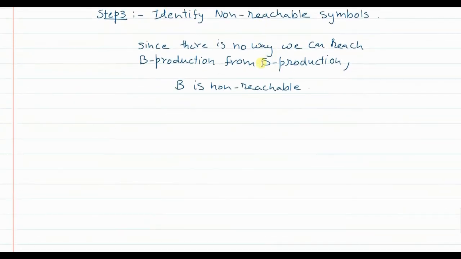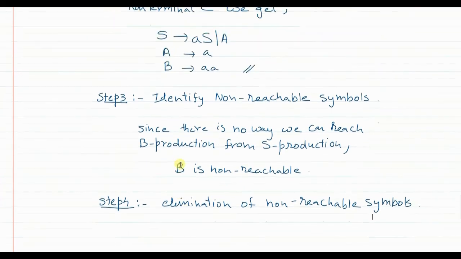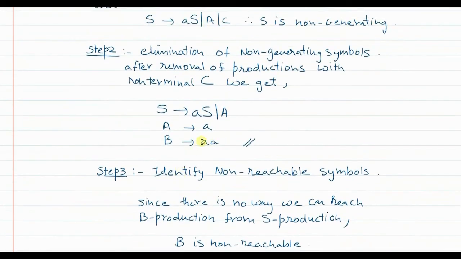Okay, and finally in step 4 we are going to do elimination of non-reachable productions or symbols. Elimination of non-reachable symbol means whichever production has B involved will be removed.